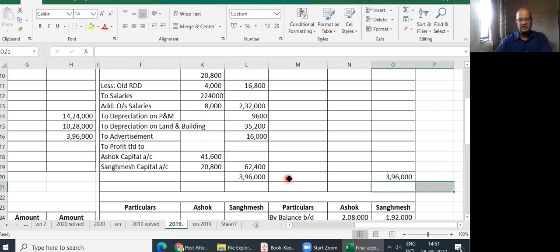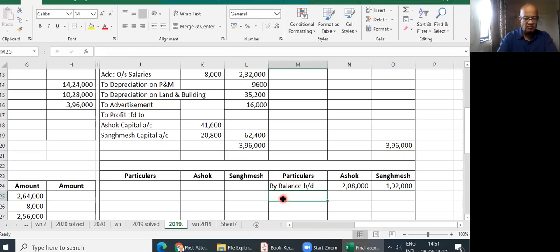This profit we transfer to the capital account by P&L account: 41,600 and this is 20,800.